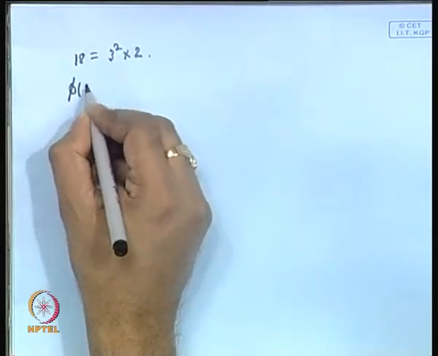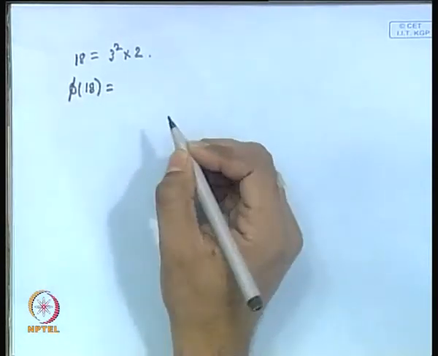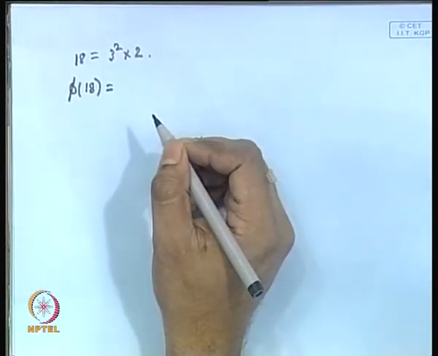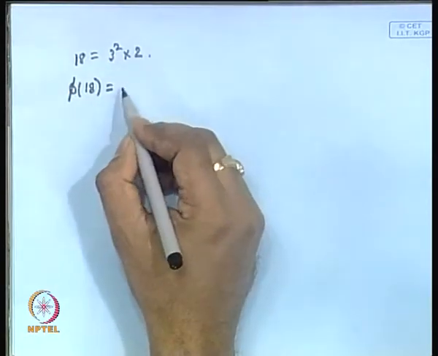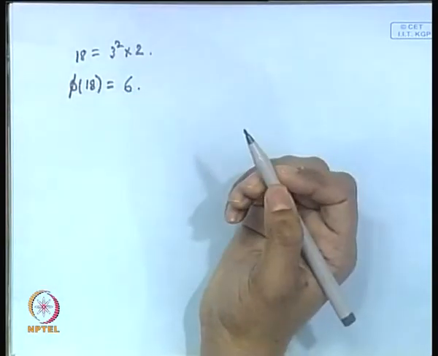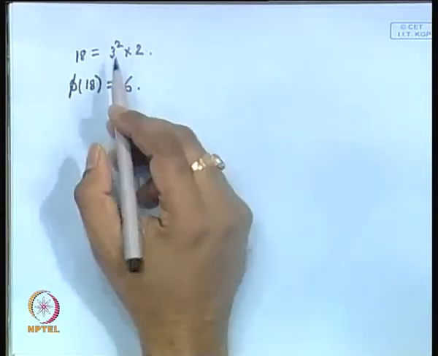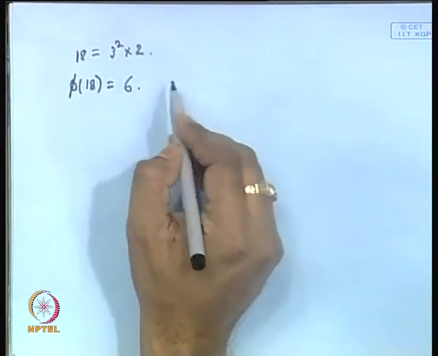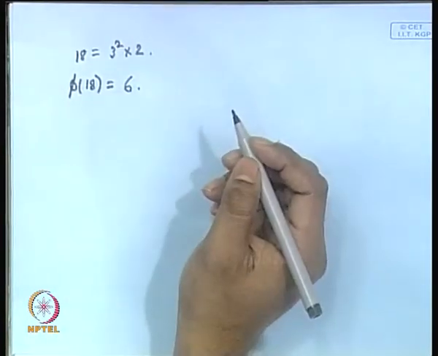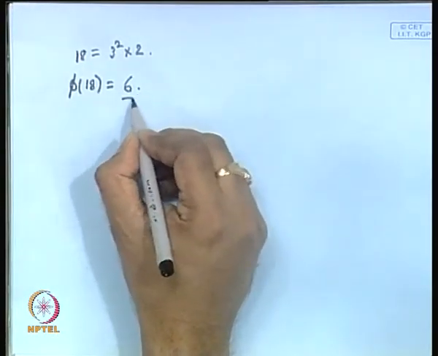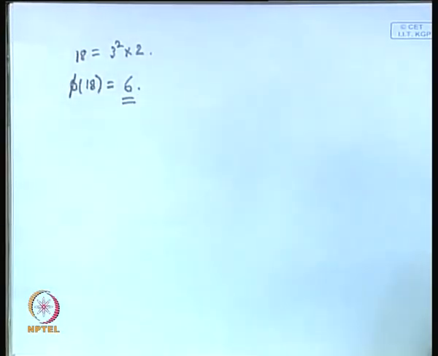Phi of 18 is 6. I hope you remember that 18 into 1 minus 1 by 3, and similarly you can write that. So this will compute to 6. So that is the reason why you had exactly 6 primitive elements.